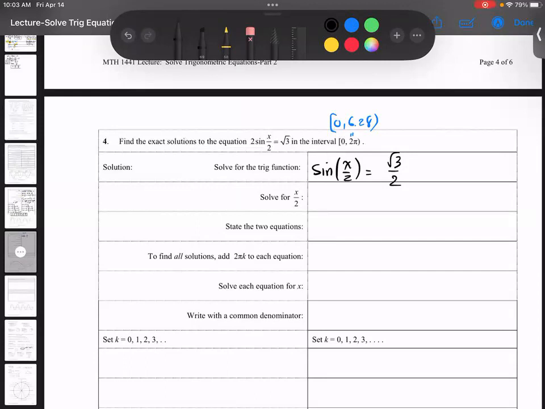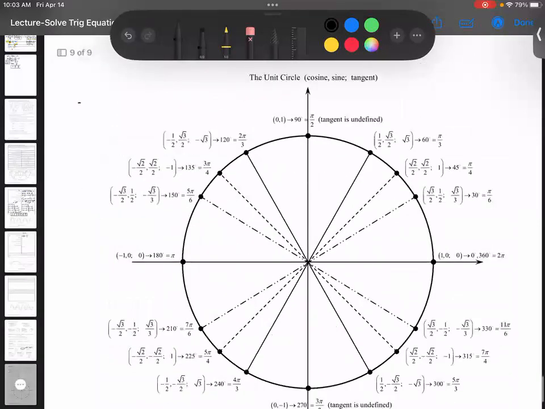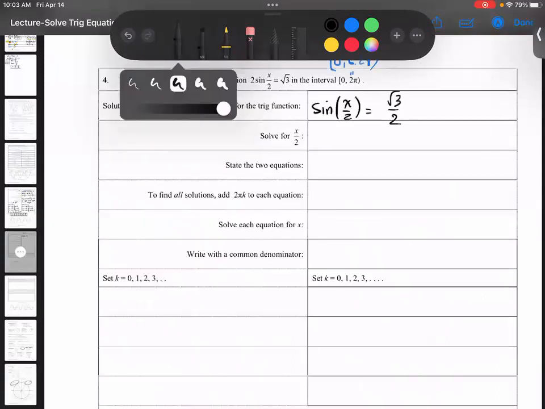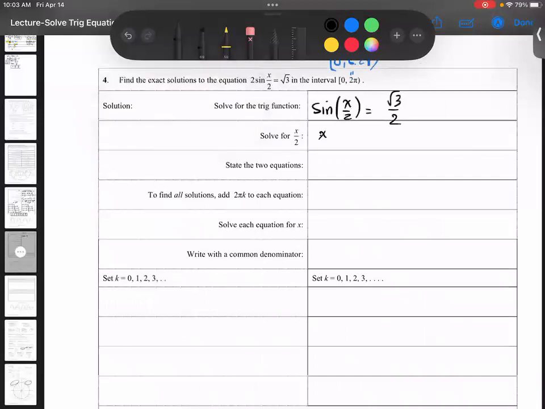Psi is positive. Pi over 3 and 2 pi over 3. So the angle, which is x over 2, equals pi over 3, and the angle equals 2 pi over 3.